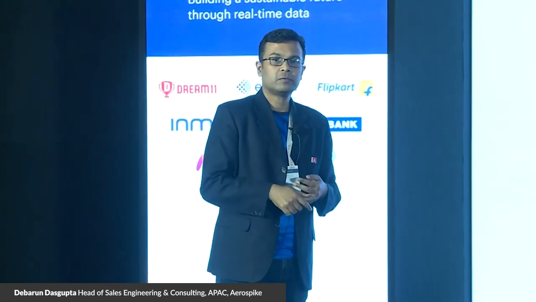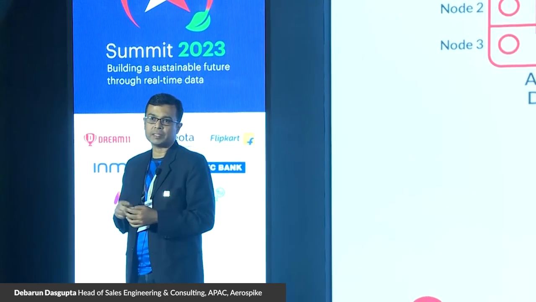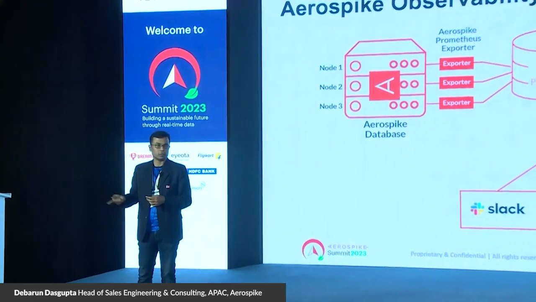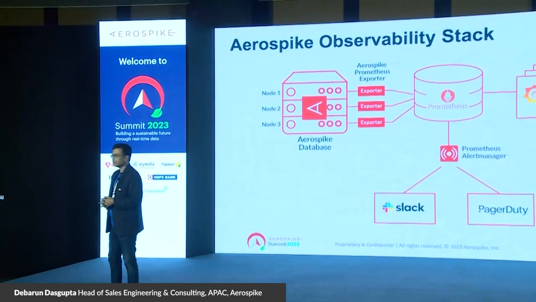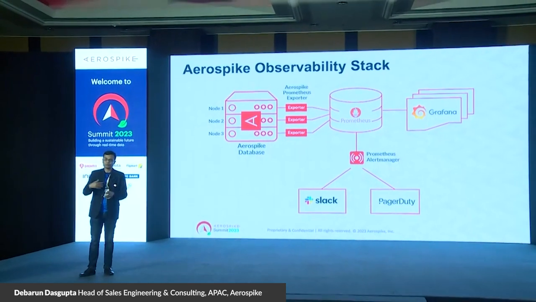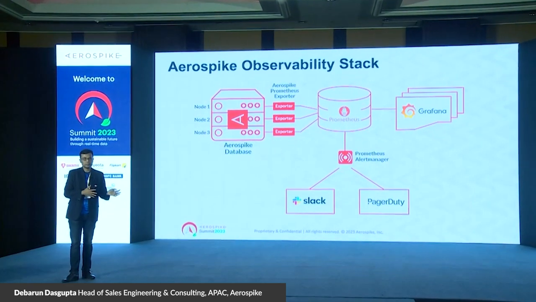What you also have is an integration with Alert Manager, so that any anomalies in these metrics can be sent to Alert Manager and to endpoints like Slack or PagerDuty, or Teams for that matter. So that's the observability stack that we operate with. If you've worked with Aerospike, I'm sure you've used this stack quite a bit.